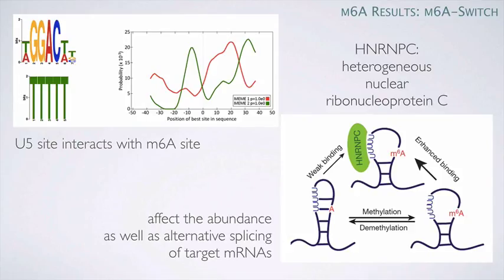Methylation or demethylation at the mRNA level results in weak or enhanced binding of a protein called heterogeneous nucleoprotein C. This has an impact on RNA stability, and possibly also on alternative splicing.